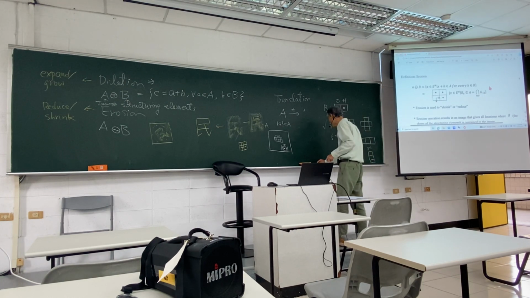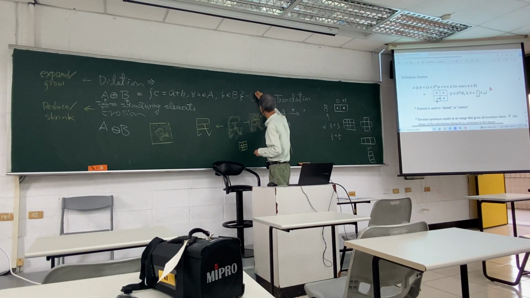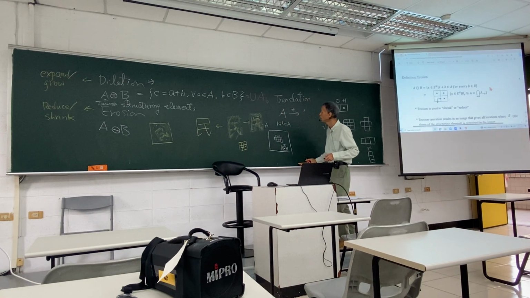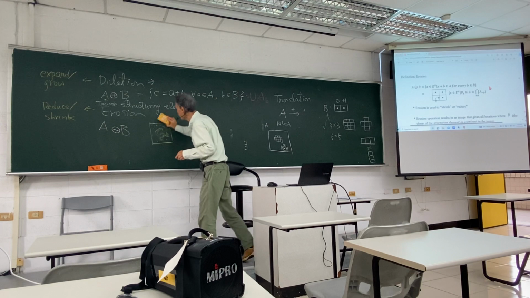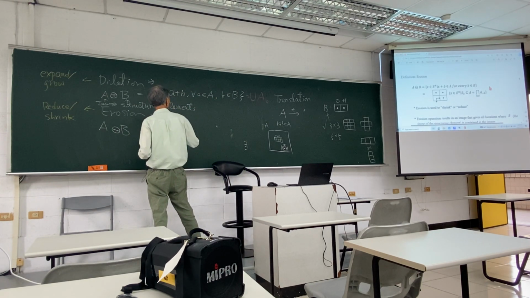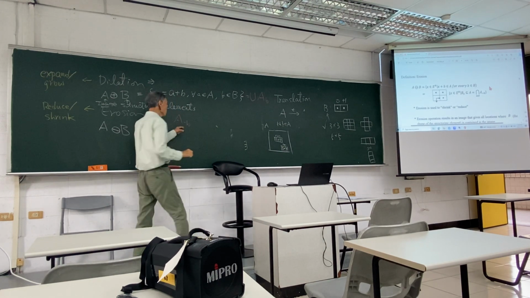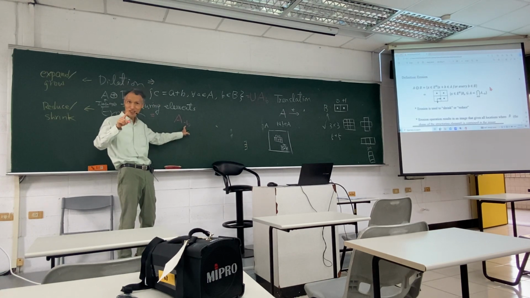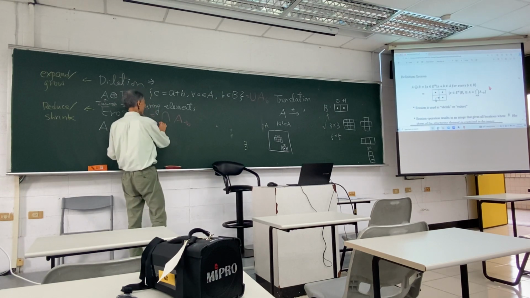Now, for dilation, here, we take the union, right? We take the union of B. But for erosion, we go for minus B, minus B, and then we take the intersection, okay?